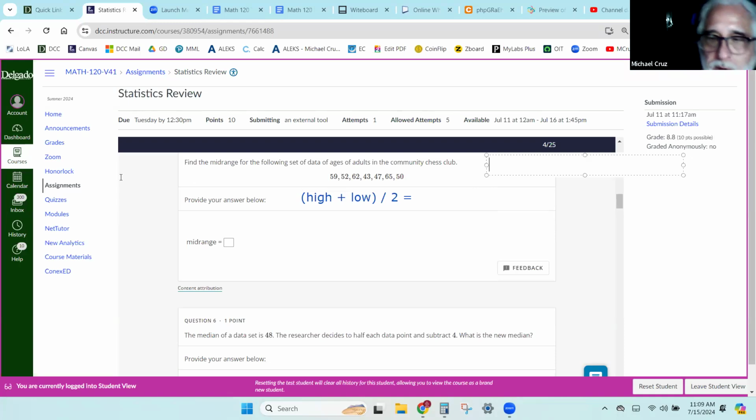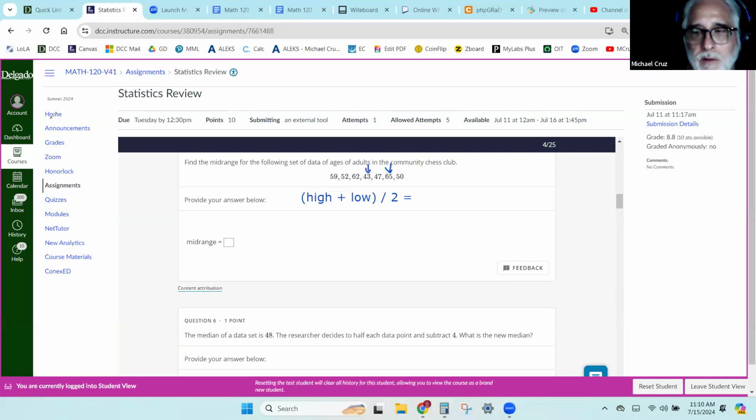So let's see if we can find the high. The high is 65. So there's your high. And then the low looks to be 50. Nope. It's 43.